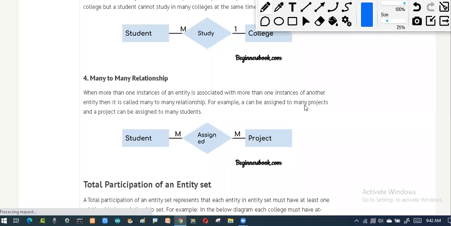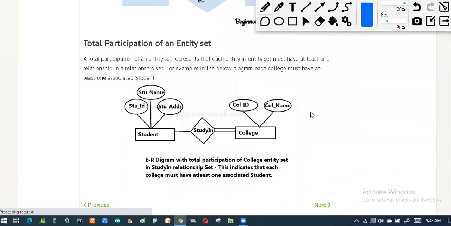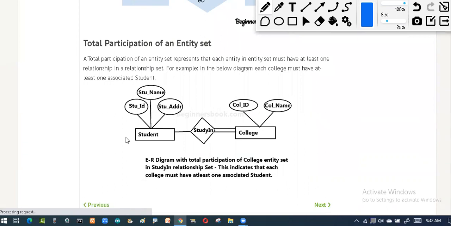This is how you represent it in the diagram. Now, if you see the entire entity relationship diagram, you will have it like this. I have the entity and I have the college. Now here you see the two lines. The two lines say that I am a participant of that particular set.